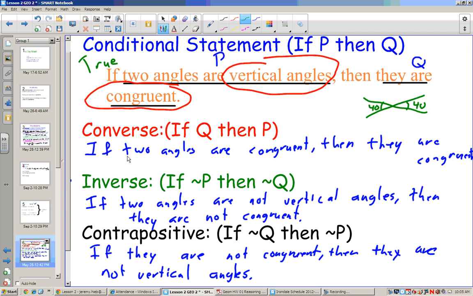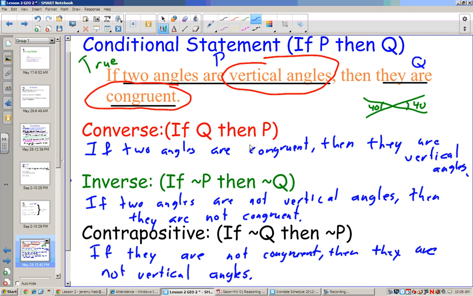Now the converse, if two angles are congruent, then they are... I wrote congruent, but I should have written vertical angles. Hopefully you guys caught my mistake. Sorry about that. So if two angles are congruent, then they are vertical angles.